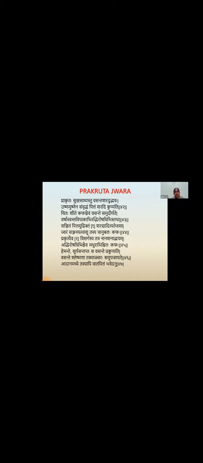So here Langhana is indicated, as Pitta as well as Kapha is there, where Kapha is the Anubala.